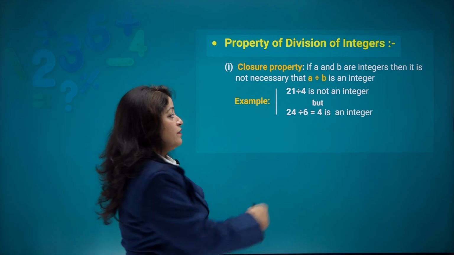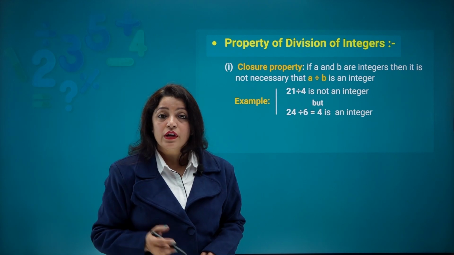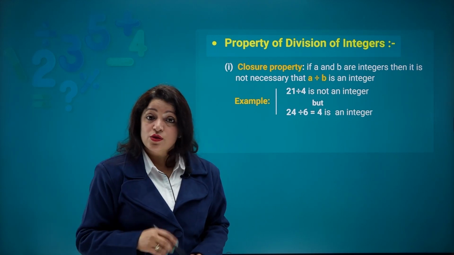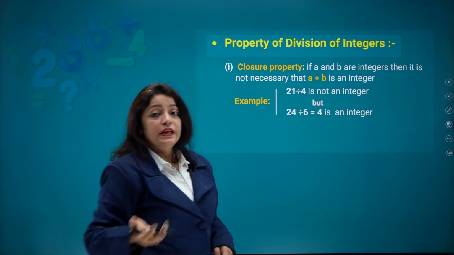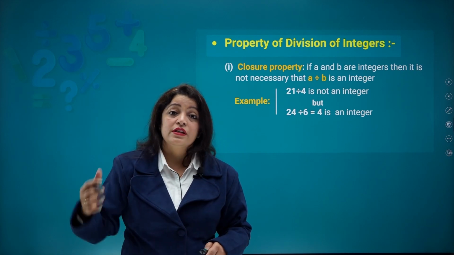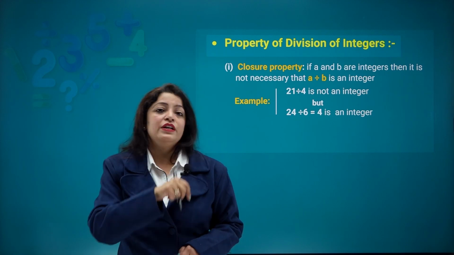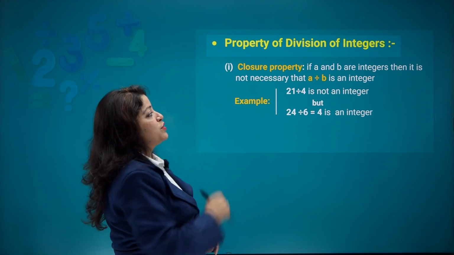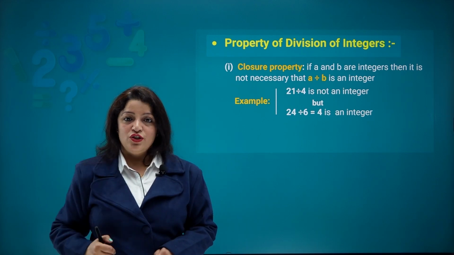But if I divide 24 by 6, the result 4 is an integer. That means it may or may not be an integer. So if there are two integers in the bag of integers, the division of the two integers might not be present in the bag. So we can say the closure property does not hold true for division of integers.